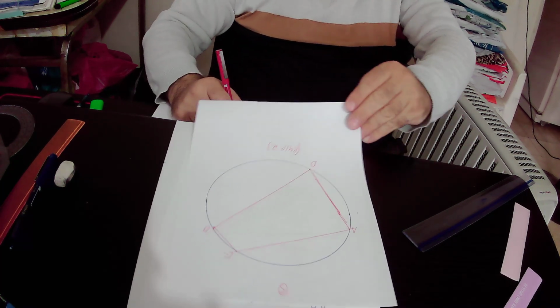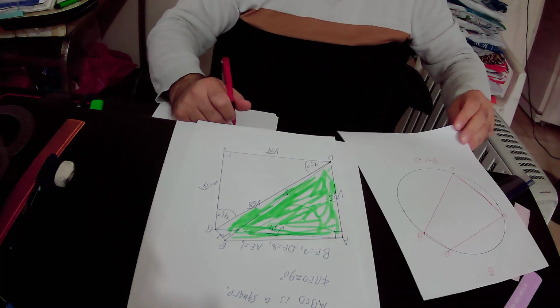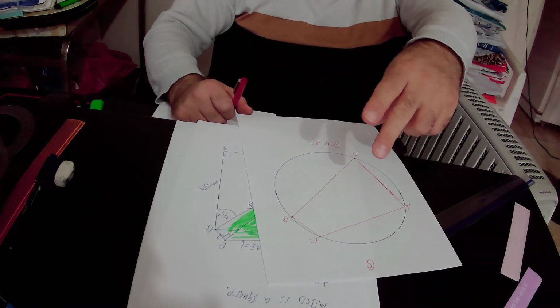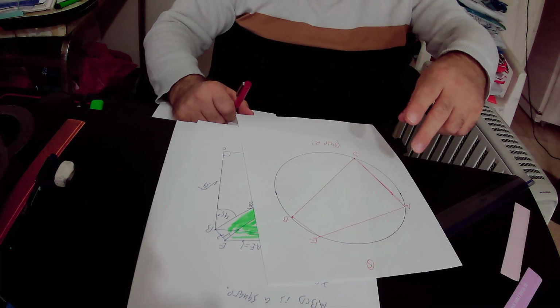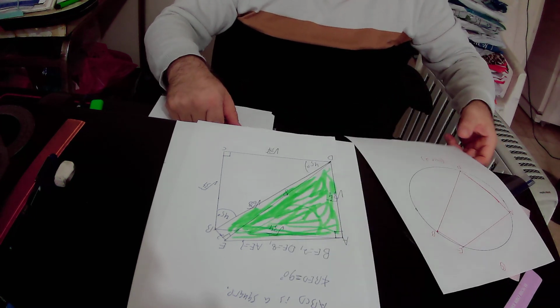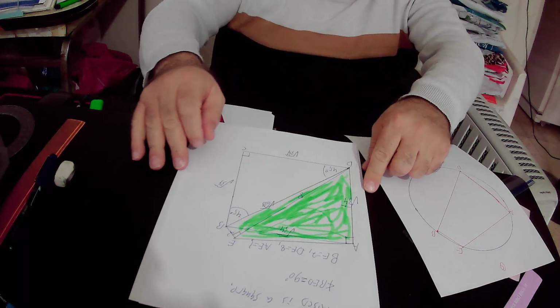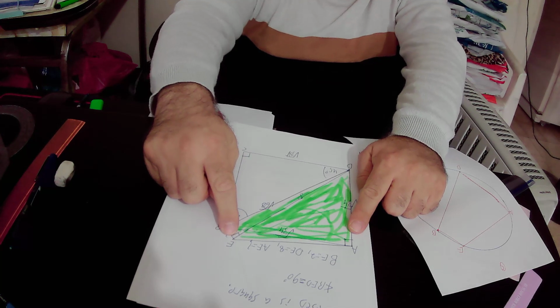And I repeat again, the reason that quadrilateral AEBD is inscribed by a circle is because we have two equal angles.